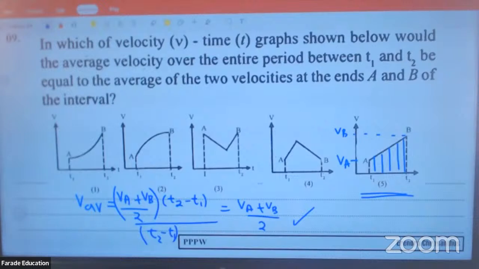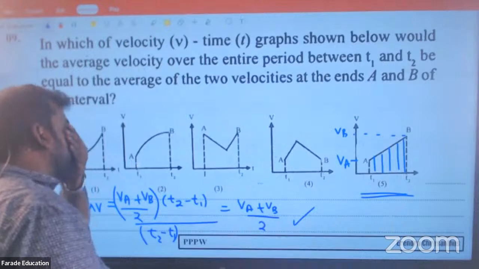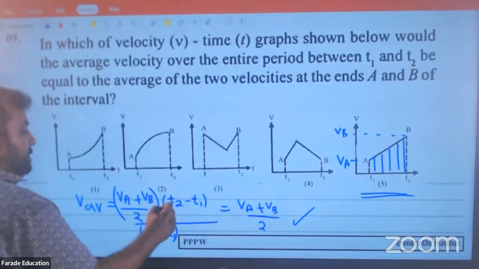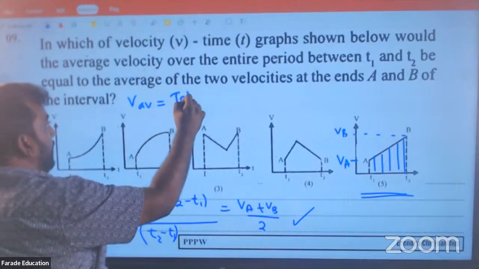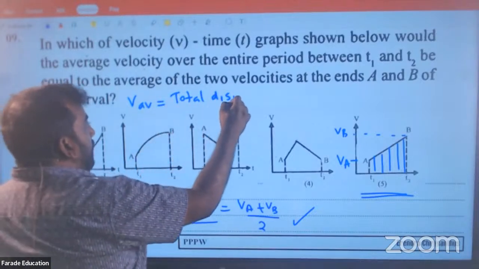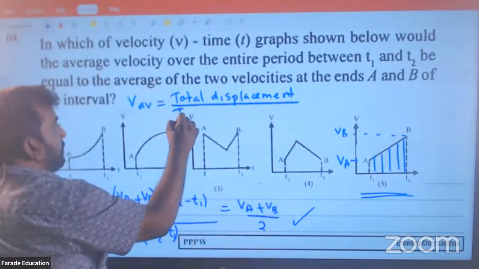How do you find the average velocity? Total displacement over total time. From here, if you do the substitution, this is your displacement divided by time.